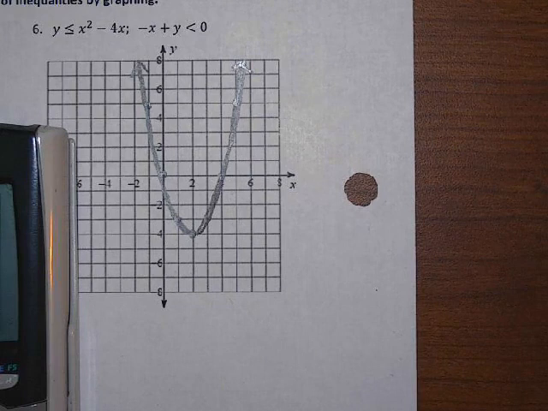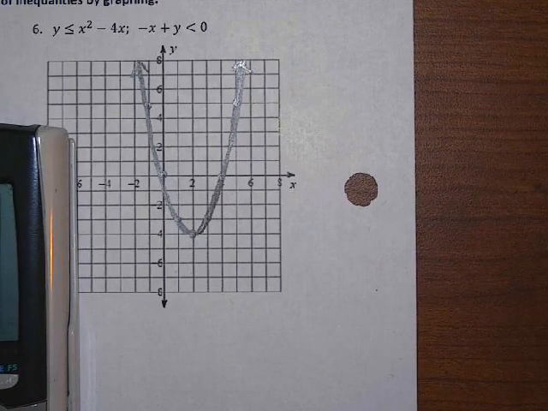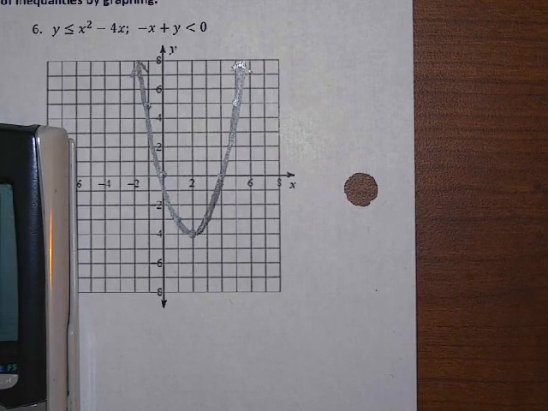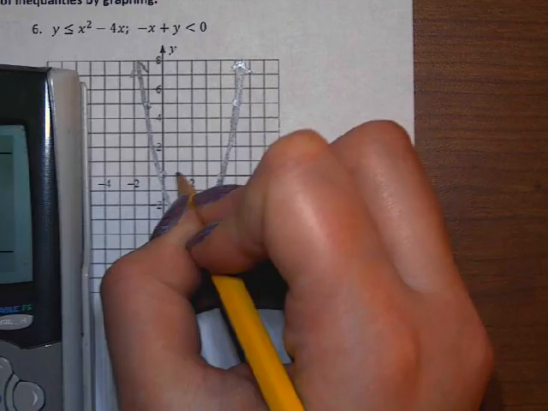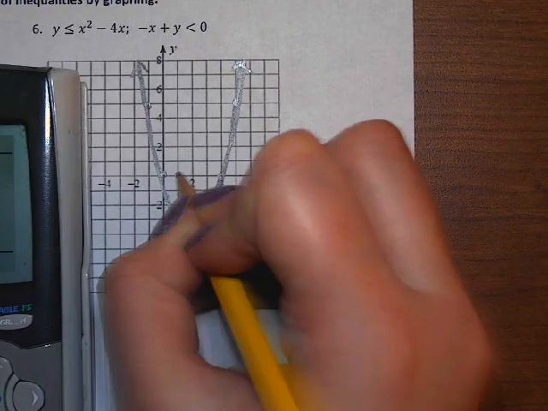You can use anything that you like. Okay, 1, 0. So 1, 0 is going to be inside the parabola.